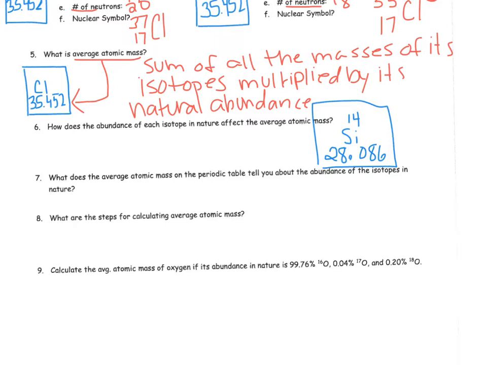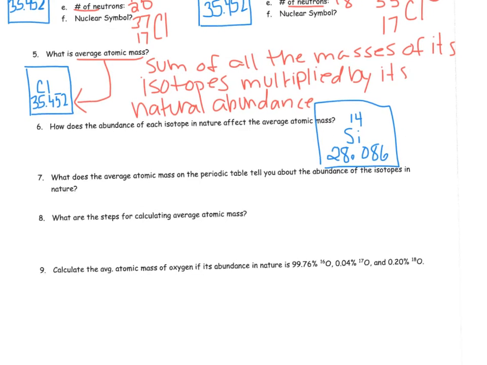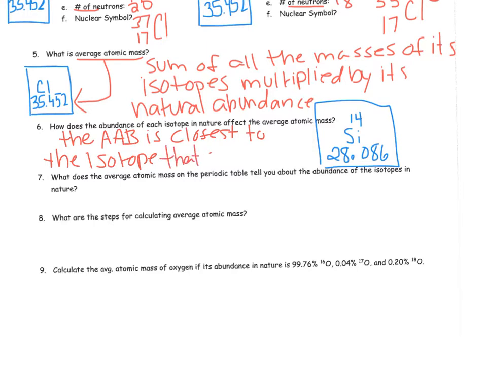Okay? So how does the abundance of each isotope affect its average atomic mass? Well, the average atomic mass is usually closest to the isotope that's most abundant.